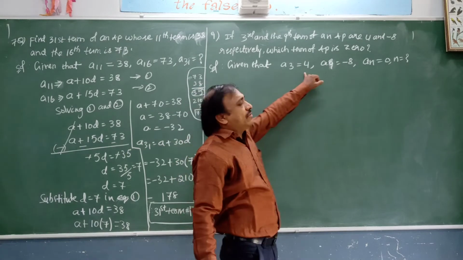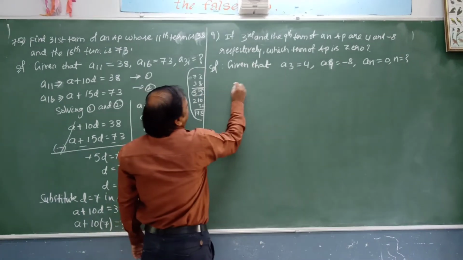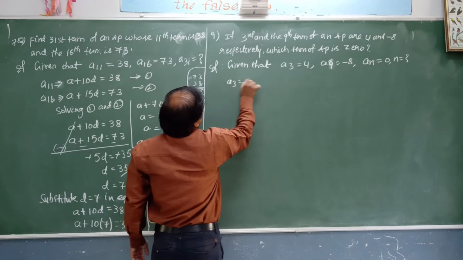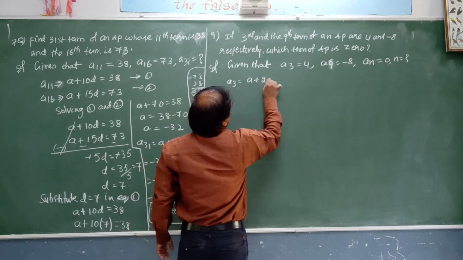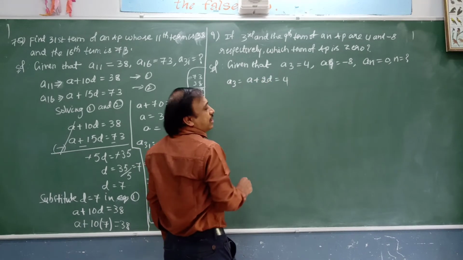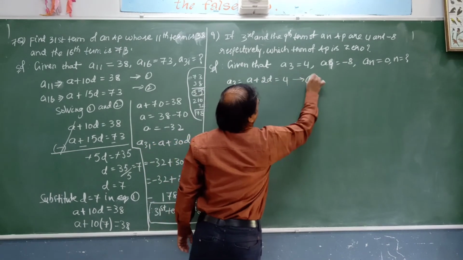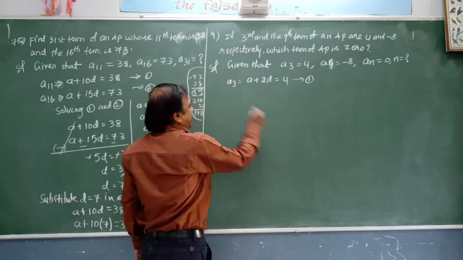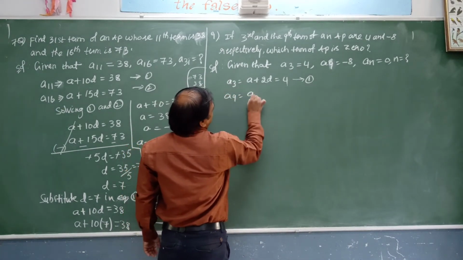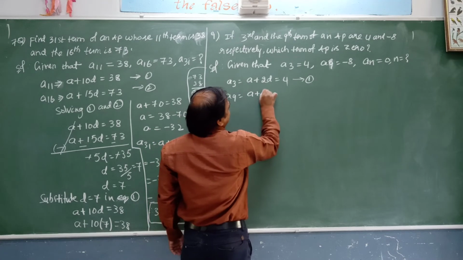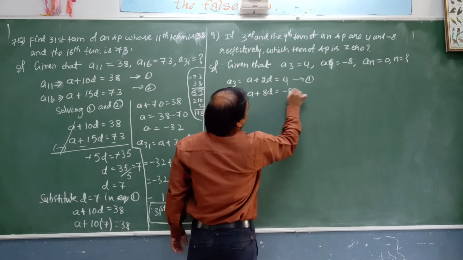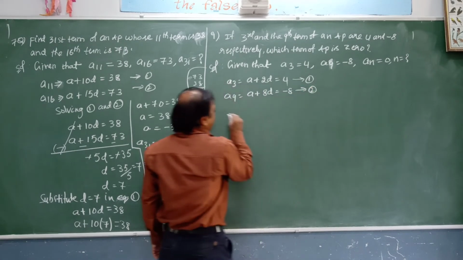So A3 is equal to 4. Now you see, A3 is what? A plus 2D is equal to 4. Let this be equation 1. A9 is minus 8. We know A plus 8D is equal to minus 8. Second equation.